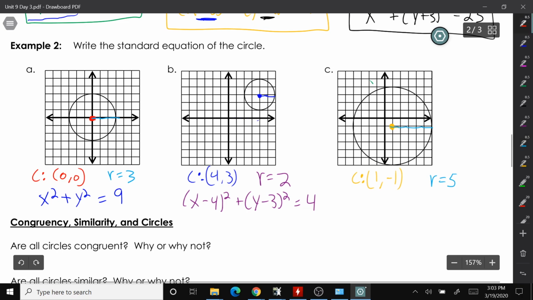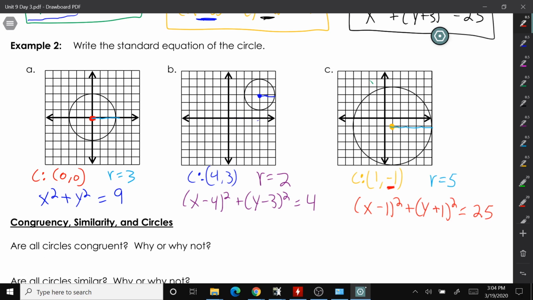So then the equation is going to be x minus 1 squared plus, this is going to be y minus -1, because we have a -1 right here. So it's going to be plus 1 squared equals 25, because 5 squared is 25. Okay, so whenever we want to write an equation of a circle, we need the center and we need the radius. And there's a lot of ways we can get those.